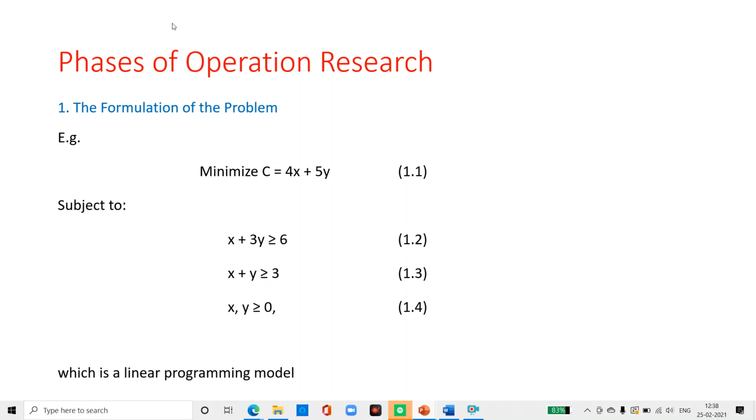So this we have to minimize. This is called the objective function, that is, minimize c equal to 4x plus 5y.